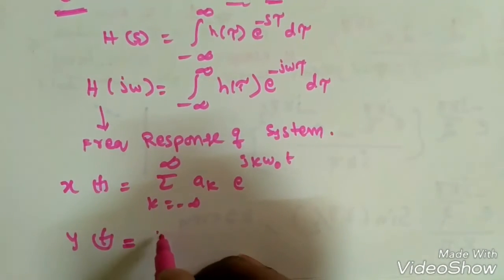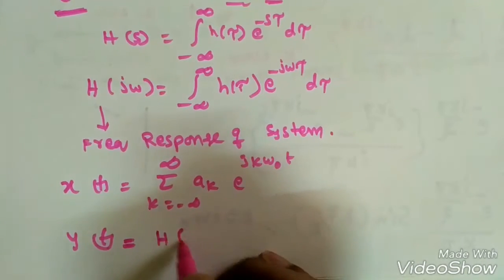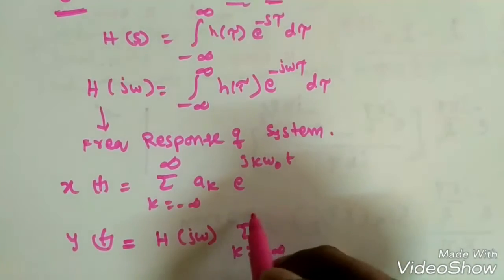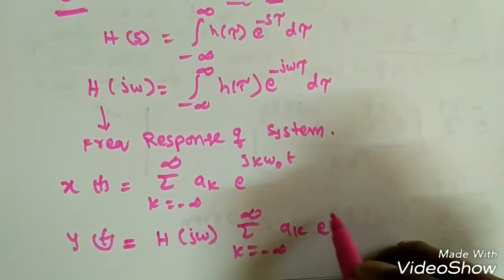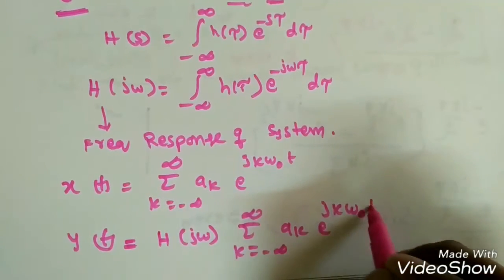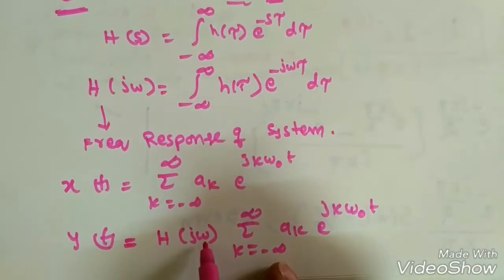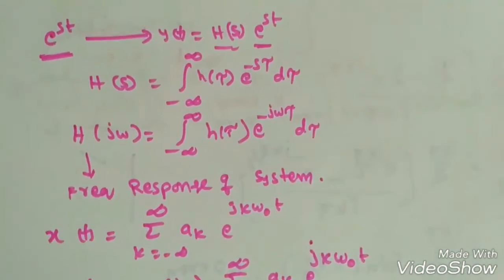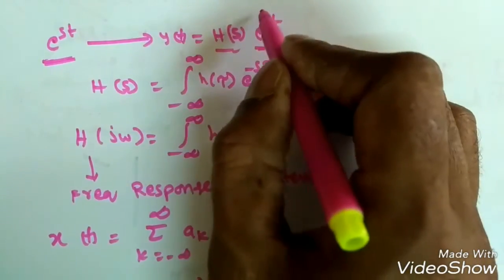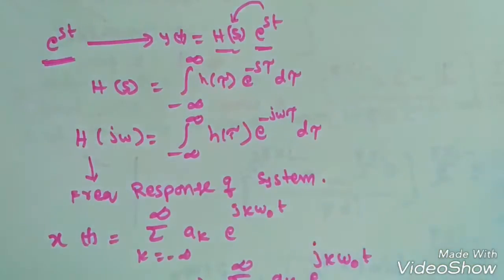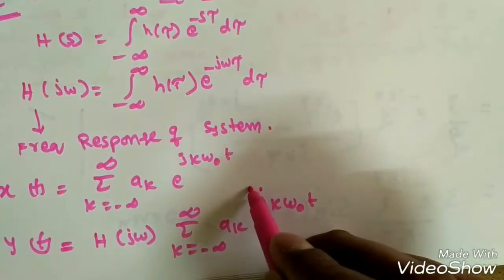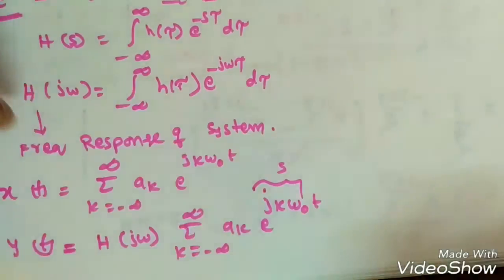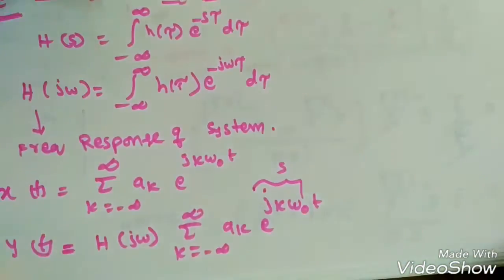I will represent it like this: h of j omega, sum over k equal to minus infinity to infinity of ak e power jk omega naught t. Now in place of omega, what do we need to substitute? Whatever s is here, we are substituting in this. In this case, it's nothing but this is the s. So y of t will be represented like this, right?